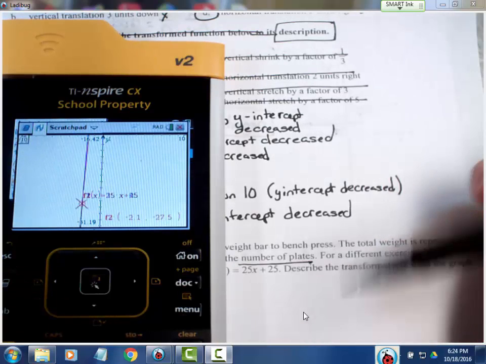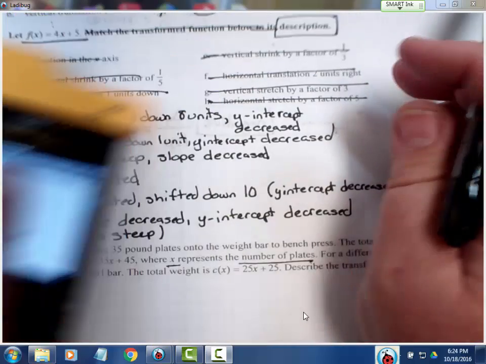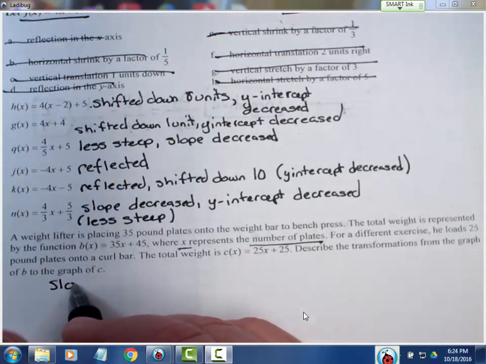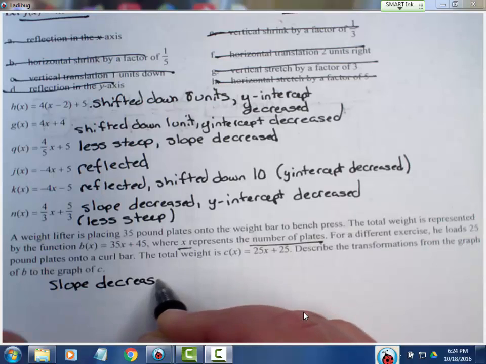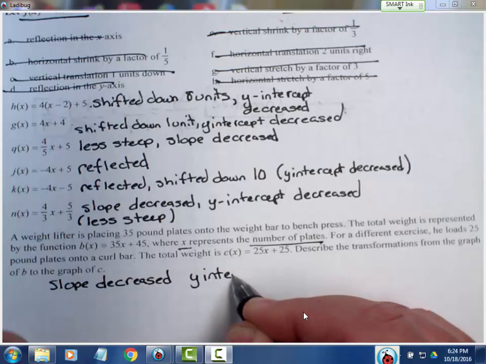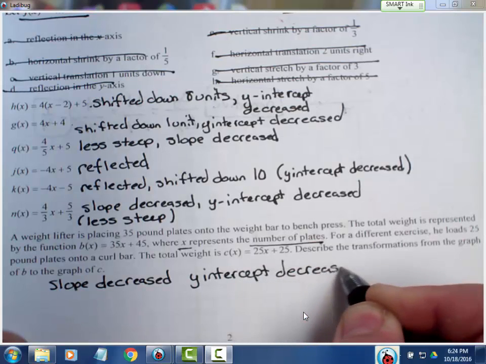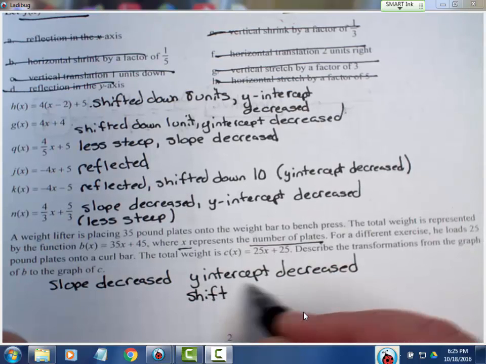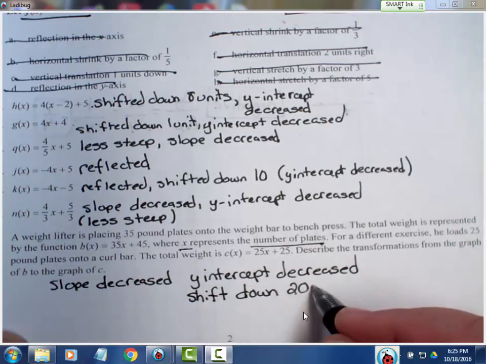So they're not parallel to each other, so the slope did actually decrease, and we have the slope decreased and the y-intercept decreased, which we could also say is we had a shift down 20 units.